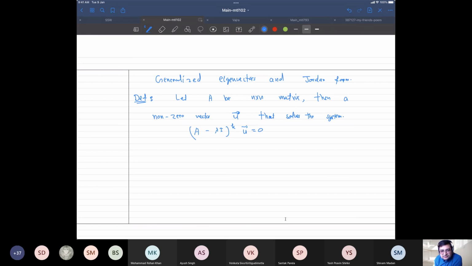So if K is bigger than 1, then it's called a generalized eigenvector, for some positive integer K. So let A be a matrix, then a non-zero vector that solves the system for some positive integer K is called a generalized eigenvector.